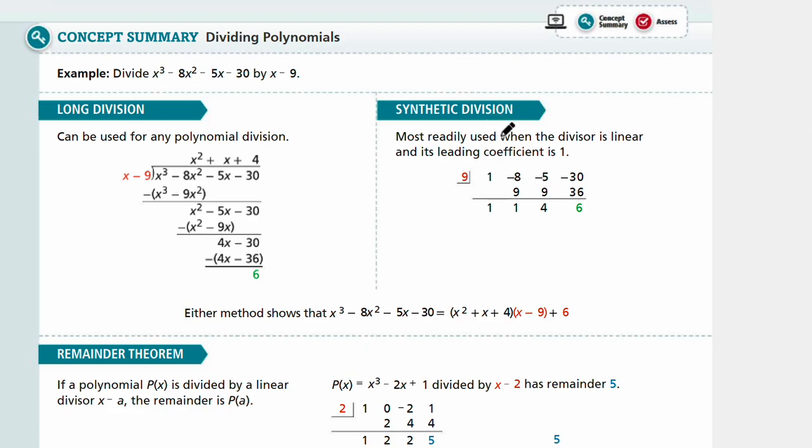And synthetic division is a method where you can save a lot of steps, using your coefficients. Either method should give you the same solution. So you can write your remainder as plus 6 with your factor being multiplied to your divisor.